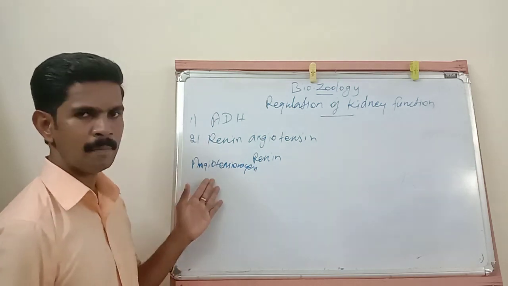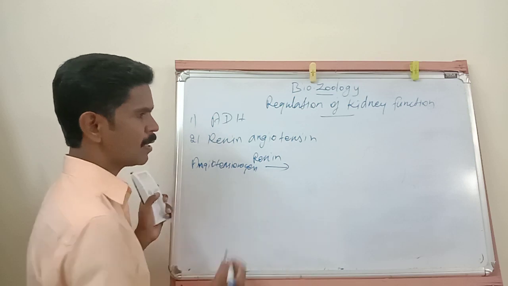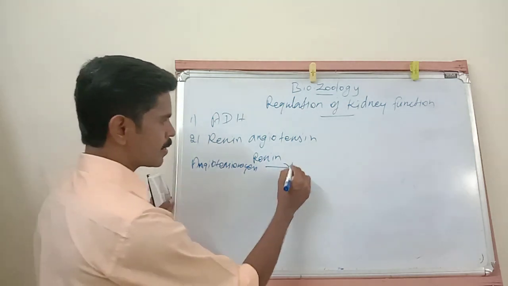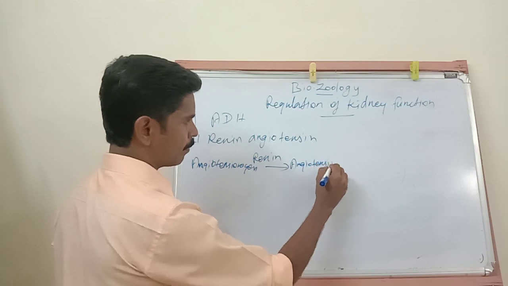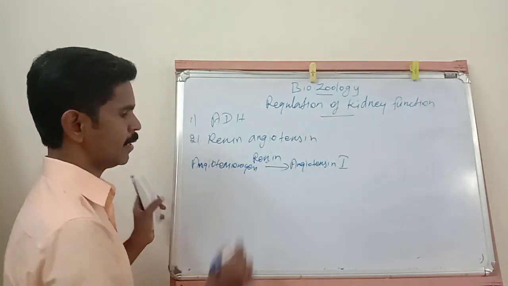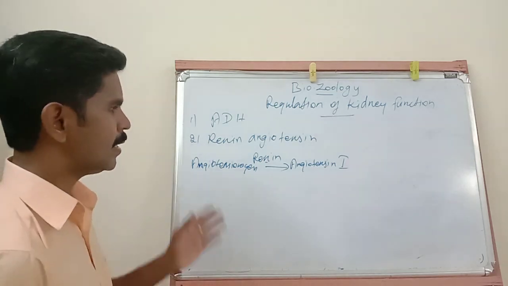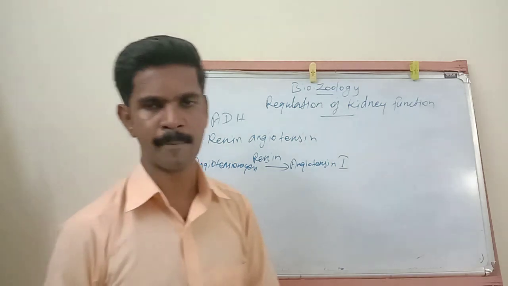Angiotensinogen is a protein present in the blood. This protein is converted into angiotensin 1 with the help of an enzyme called renin. So angiotensinogen is converted into angiotensin 1 with the help of the enzyme renin.